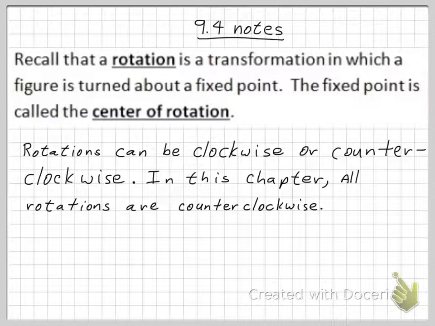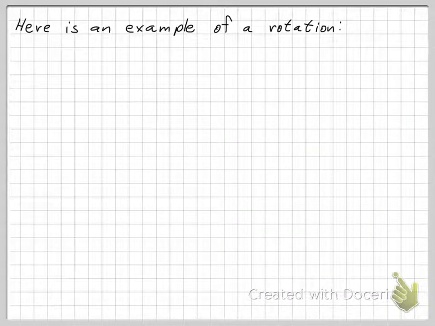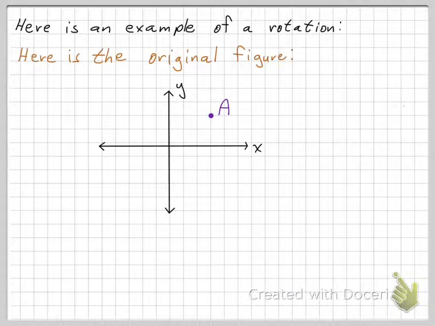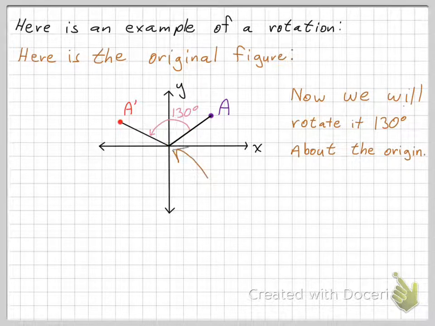Alright, so moving right along, here is an example of a rotation, and I copied that onto the next frame. If you have the original figure A, now we will rotate it 130 degrees about the origin, the center, the point (0, 0).